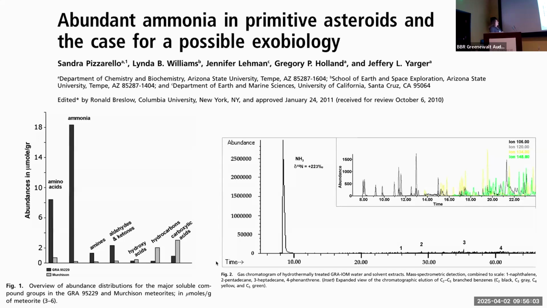The carbonaceous chondrites are, of course, an array of different kinds of compounds: amino acids, ammonia, amines, aldehydes and ketones, hydroxy acids, hydrocarbons, and carboxylic acids in different abundances and often with a lot of aromaticity. Something to note, and I'm sure we'll hear more of it today in the astromaterials section, is that our information from meteorite material depends on who is doing the analysis at the time.